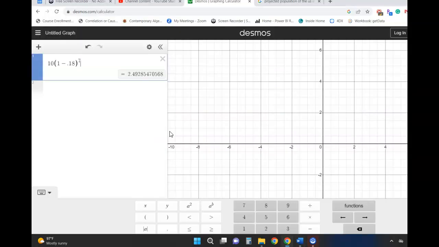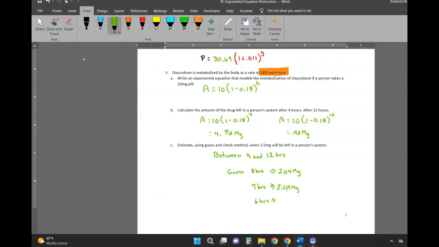So we are just going to check 6 hours. We're using whole numbers here. We could get it to the nearest tenth if we wanted to, but we're really just looking for a whole number hour because you're going to take the dosage based on every hour. That gives us 3.04 milligrams. So we know that 7 hours is the best approximation of our 2.5 milligrams.